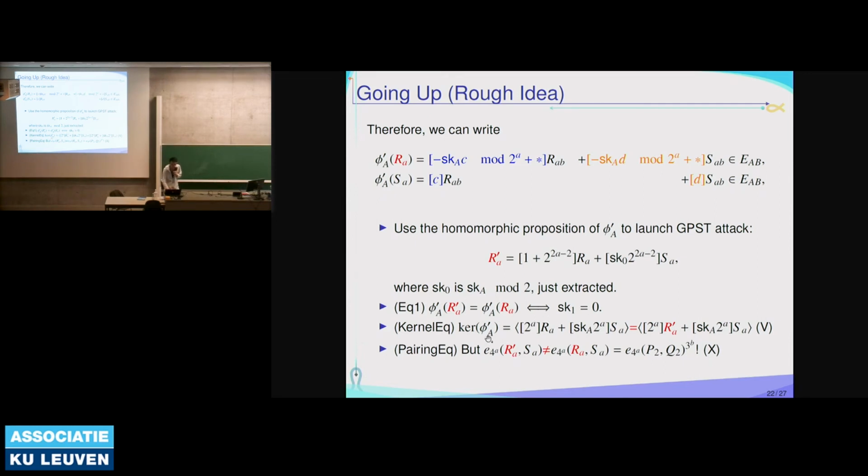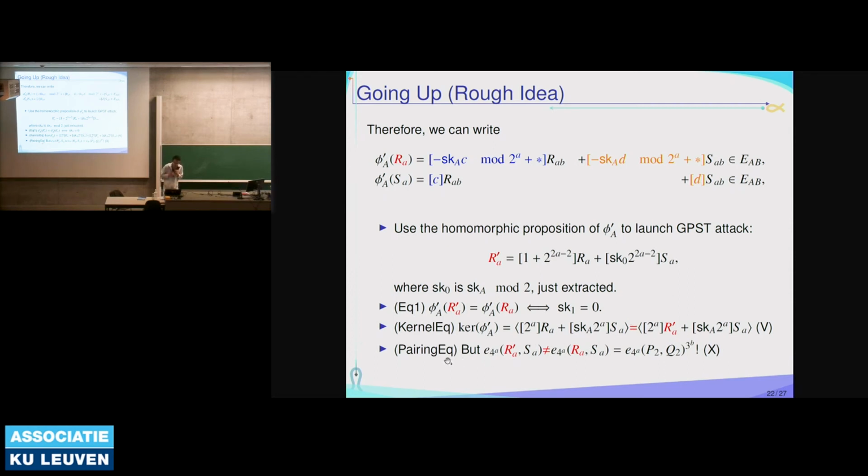And also we need to check the kernel, because we need the kernel used by Alice to be the same. If Alice produces a different kernel, then of course we don't have this homomorphic property. So we also find that the kernel is the same as before.